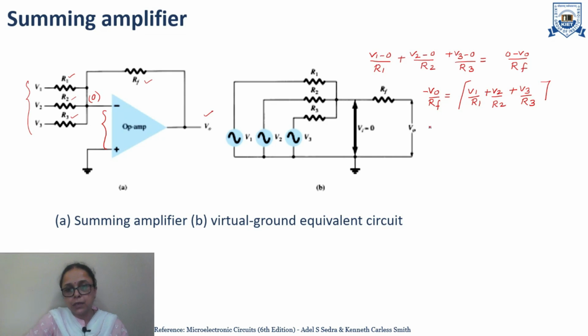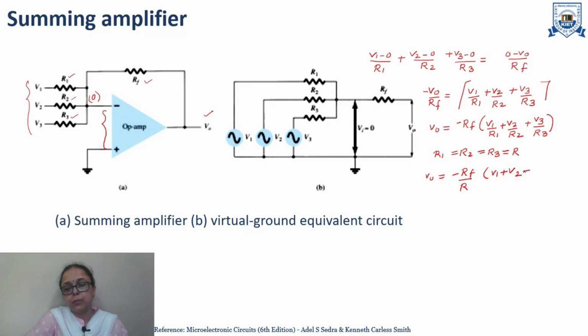So VO can be written as minus RF times (V1 by R1 plus V2 by R2 plus V3 by R3). And in this expression, if we assume R1 is equal to R2 is equal to R3 is equal to R, VO can be written as minus RF by R times (V1 plus V2 plus V3).